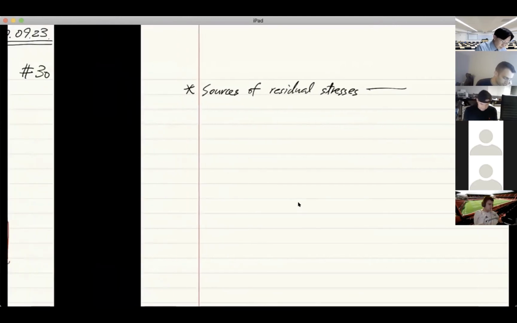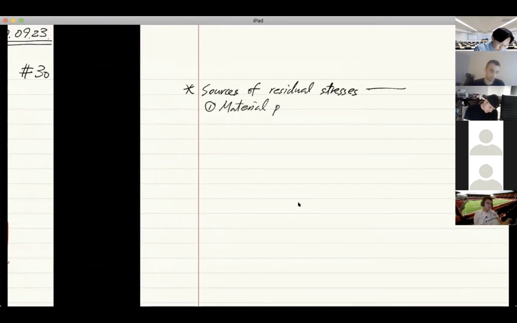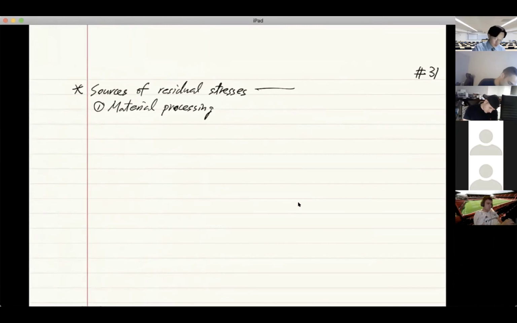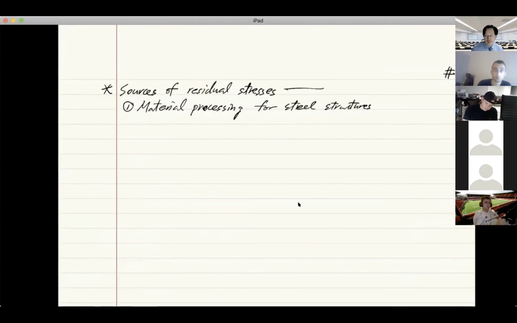The first one is from what we call material processing, and this is mostly for steel structures. You can understand that in the manufacturing of steel components or steel members, residual stress can exist.